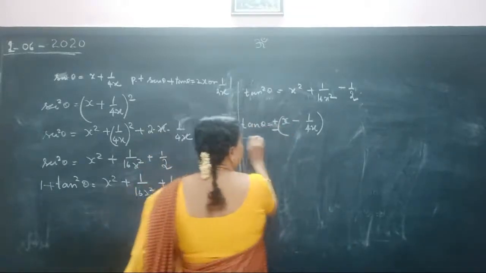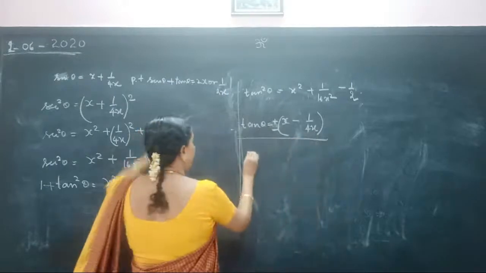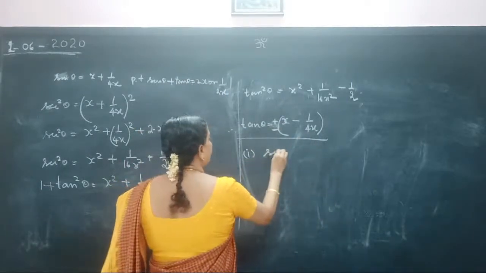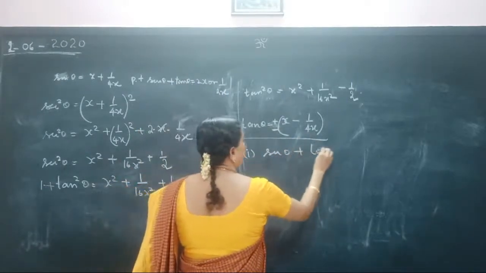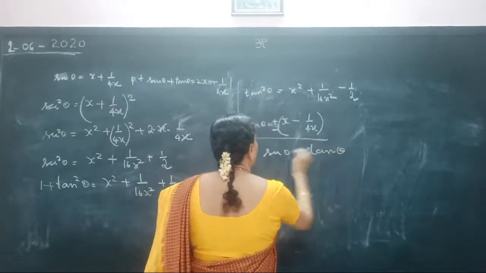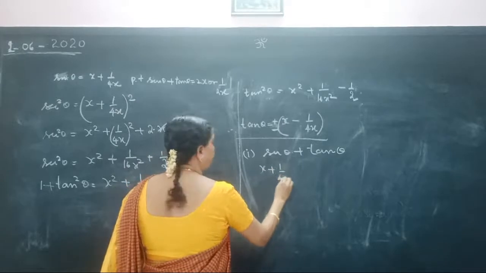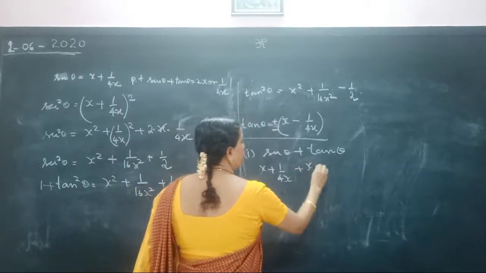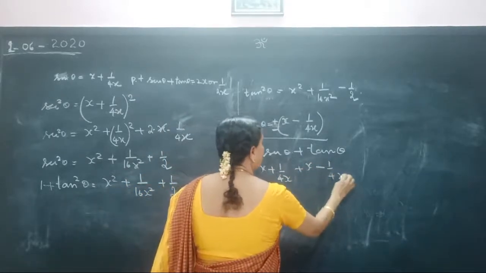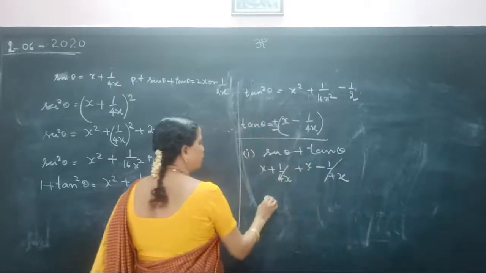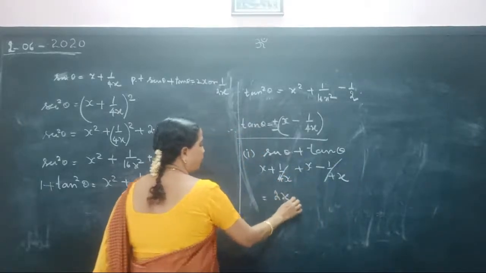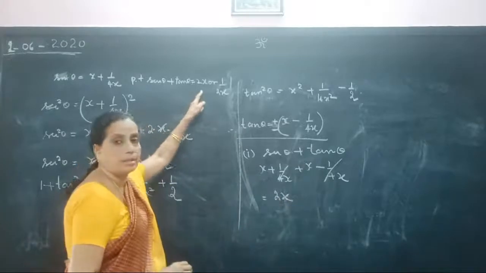Using this condition, we require secant theta plus tan theta. What is the value of secant theta? It is given x plus 1 by 4x, plus x minus 1 by 4x. These two get cancelled, you will get 2x. We have shown that it is 2x.